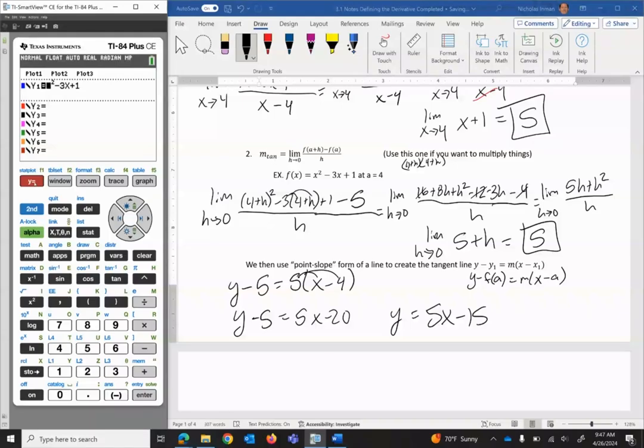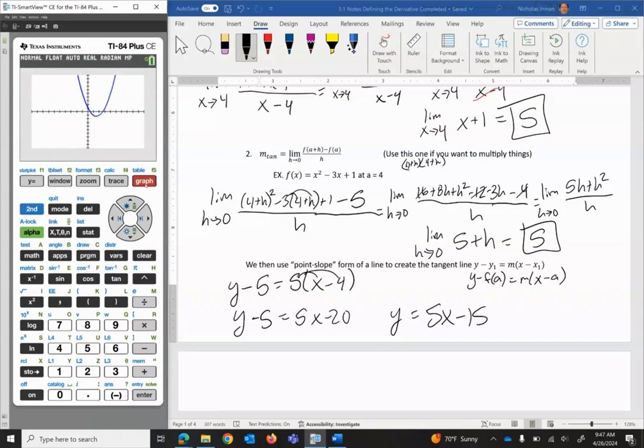All right, so putting these two things together, we had our original function. Now if I graph 5x minus 15, and I graph these two, take a look. You see we have our original function, and then you have this next line. Now, these two things are tangent to each other.